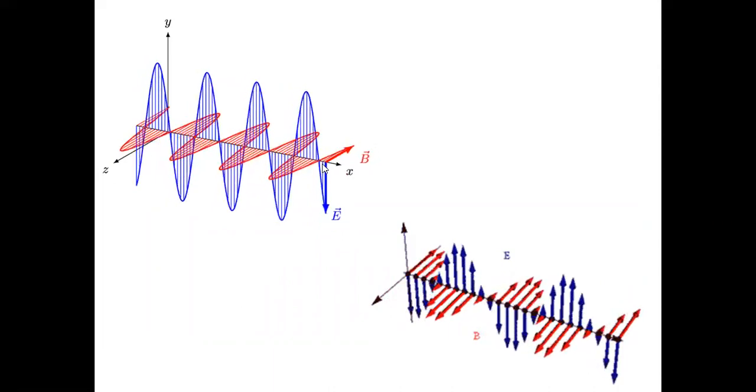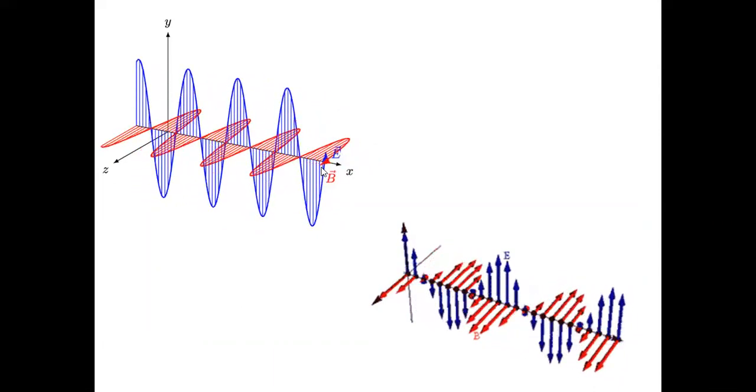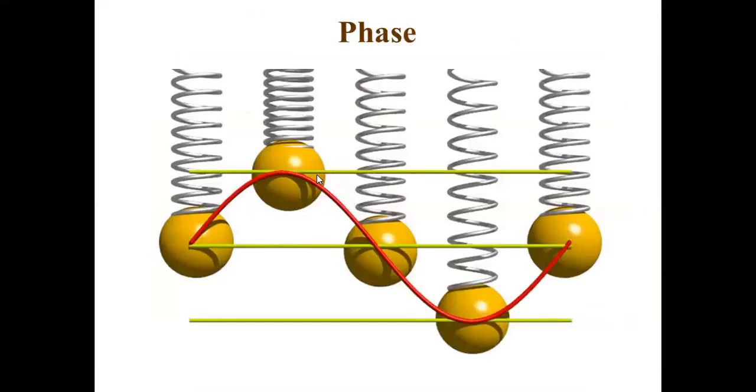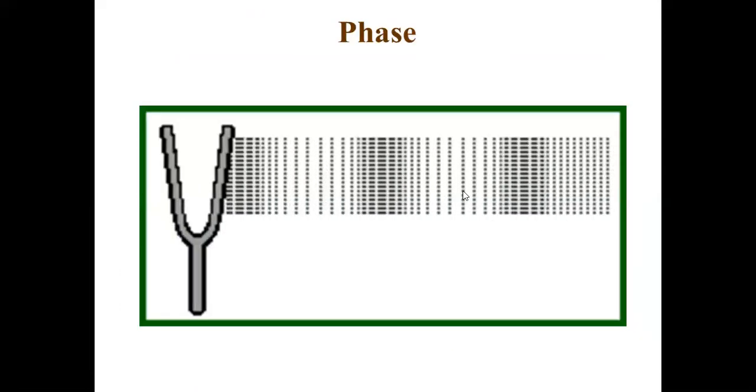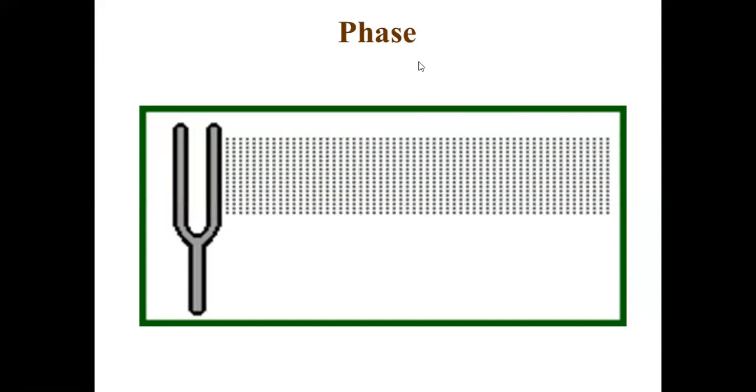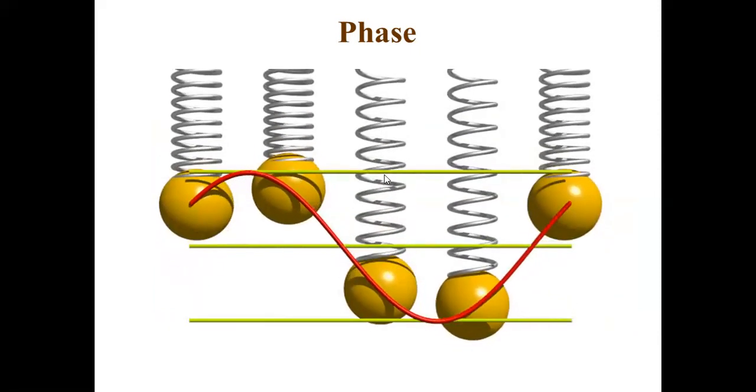So it keeps on changing. Only when you have a change like this, you can have a wave. So here also, you can see this. So when the particles vibrate, when they produce compression, when they produce rarefaction, we get a wave. And okay, we will move on to the transverse wave.